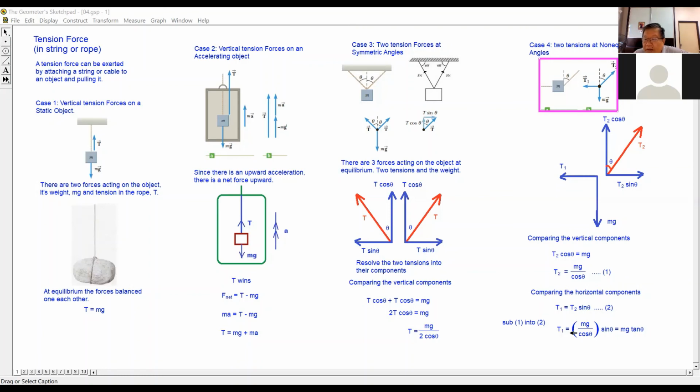So T1 is mg tangent theta. Sine theta over cos theta is by definition tangent theta, or you can also prove it. So this is how we find the two tensions, tension in rope number 1 and tension in rope number 2. These are the two tensions that you need to find.